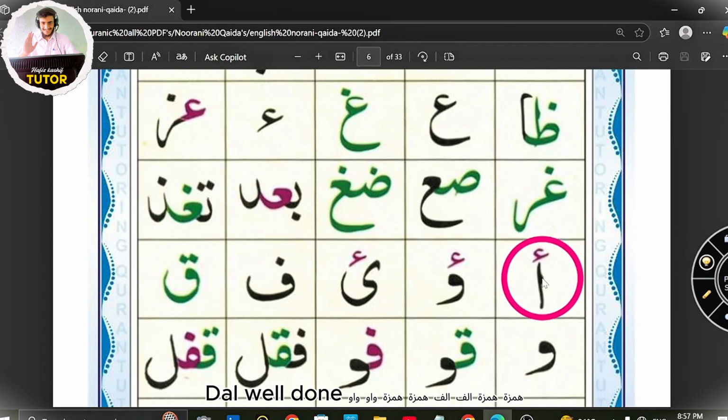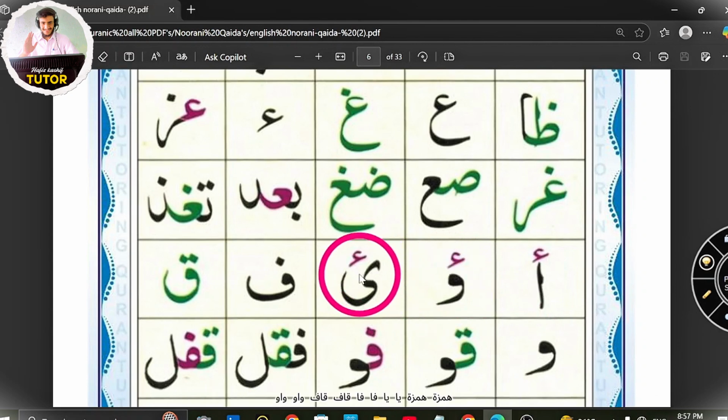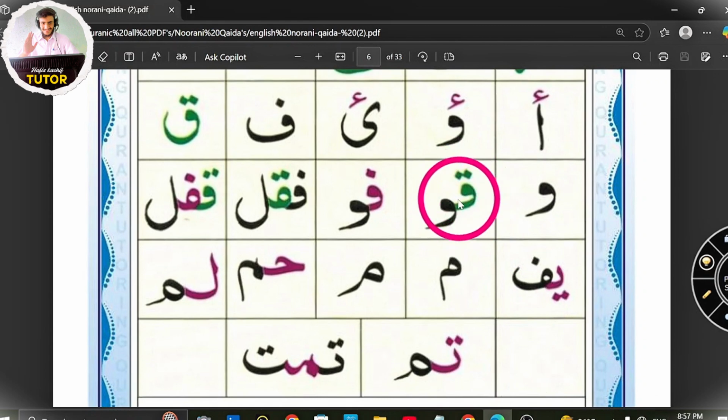Hamza, alif. Hamza, waw. Hamza, ya. Fa, qaf. Qaf, waw. Waw, fa. Qaf, lam.